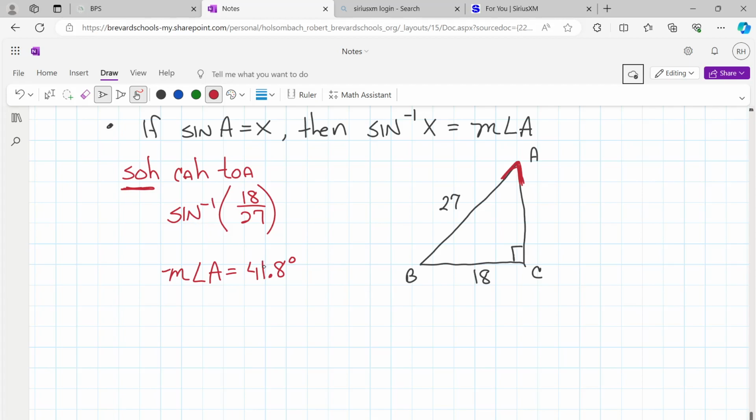And the number on your screen is the angle measure of A. So then if we're finding measures to the nearest tenth, if the measure of angle A is 41.8, then the measure of angle B is going to be equal to 90 minus 41.8. Because the two acute angles in a right triangle, they always sum 90 degrees. So 90 minus 41.8 is equal to 48.2.